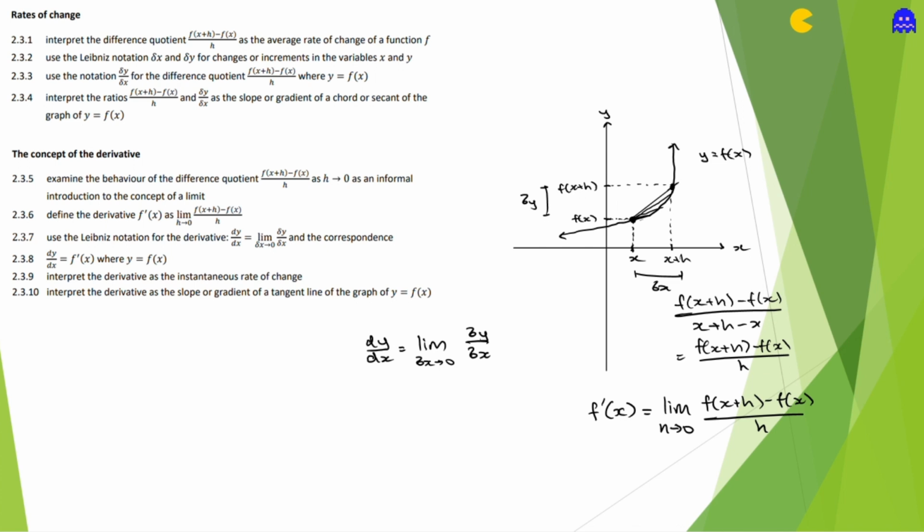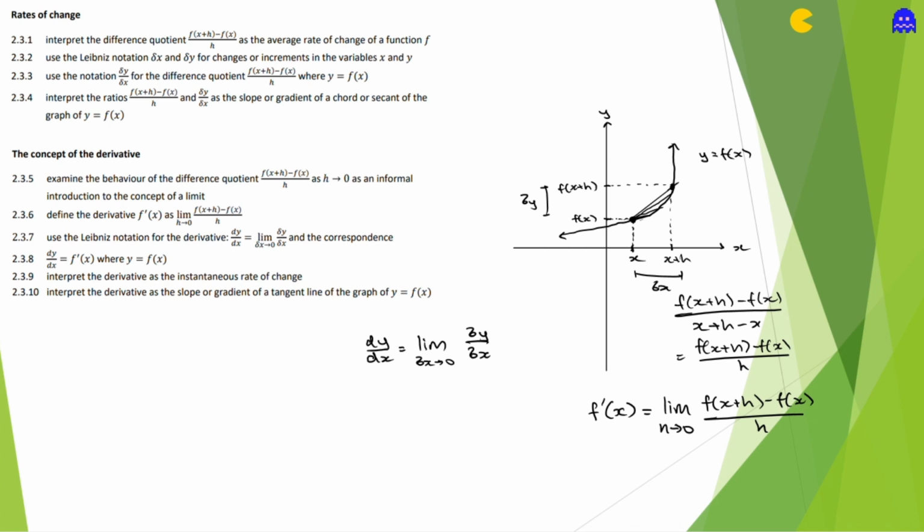And so here we know that the derivative, or the gradient the secant starts tending towards as our secant approaches the point x, is going to be equal to the gradient of the tangent line of the graph y equals f of x, also known as the instantaneous rate of change of the function at the point x.